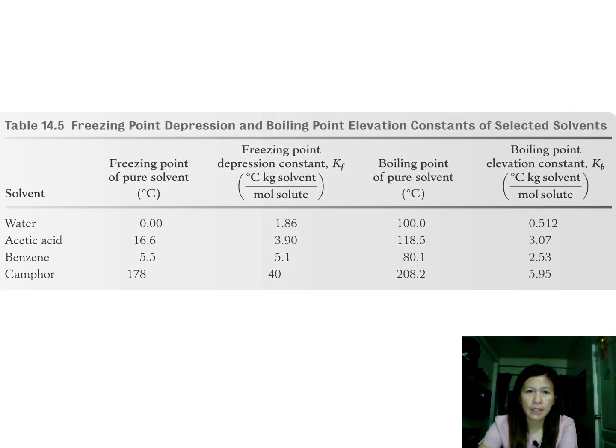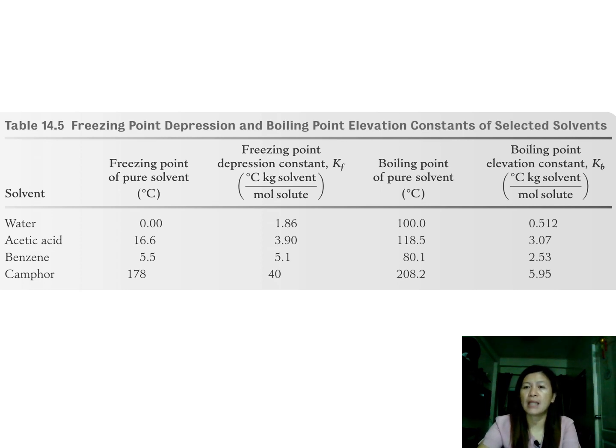We have here freezing point depression and boiling point elevation constants for selected solvents. Let's have water. The freezing point of pure solvent water is 0 degrees Celsius. The freezing point depression constant, or K sub F, is 1.86. The boiling point of water is 100 degrees Celsius.